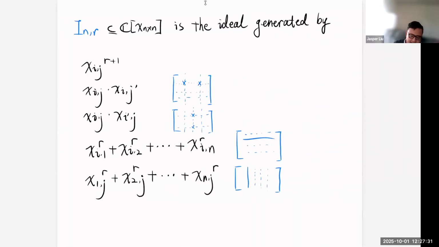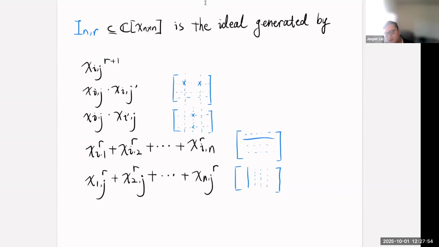So we can introduce this ideal, which is a generalized version of the ideal In we first saw. It's generated by the (R+1)th power of each variable, the product of variables in the same row or same column, and the sum of the Rth powers of variables in the same row and same column.